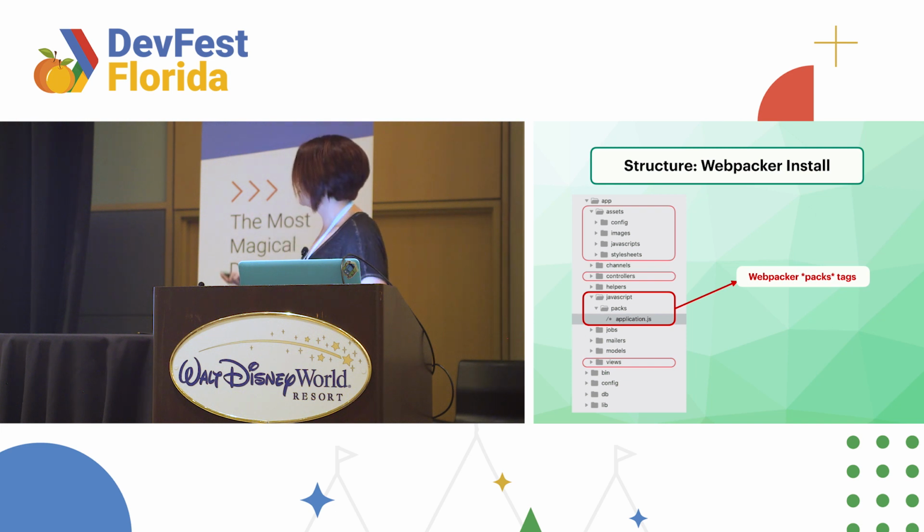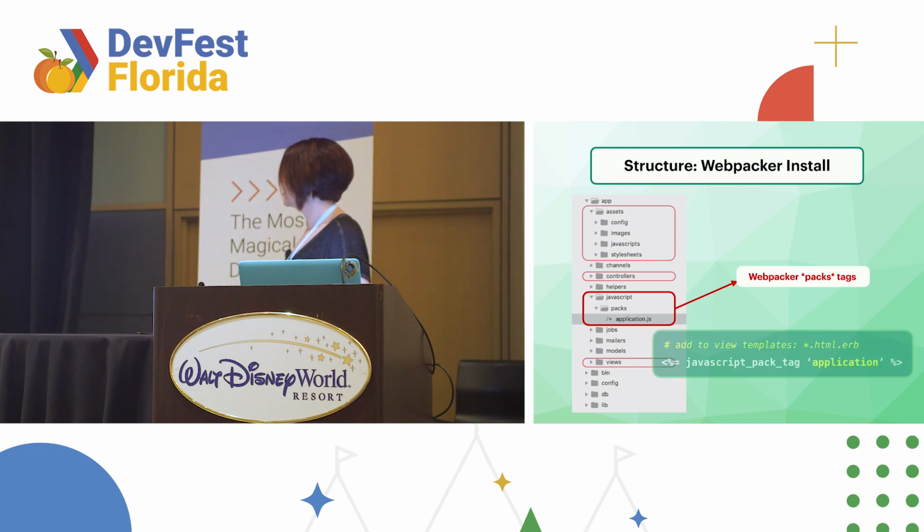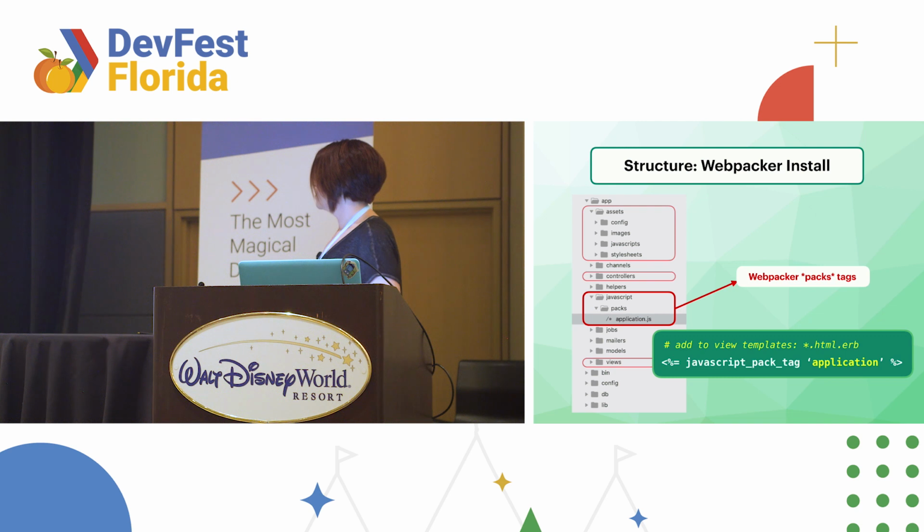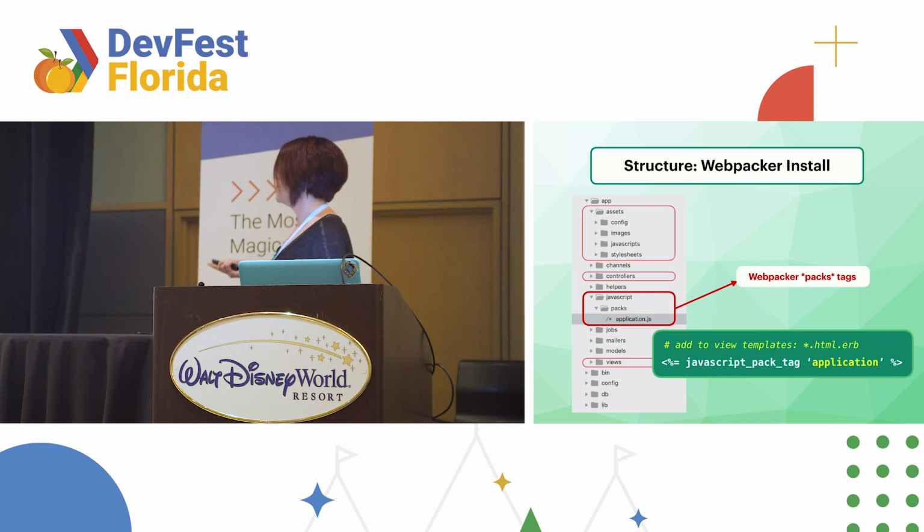And everything in the packs directory, right there, will be using something called pack tags. And with Rails templates, we can go ahead and put in a pack tag for rendering. And that goes right into your Rails views to give you standalone JavaScript features.